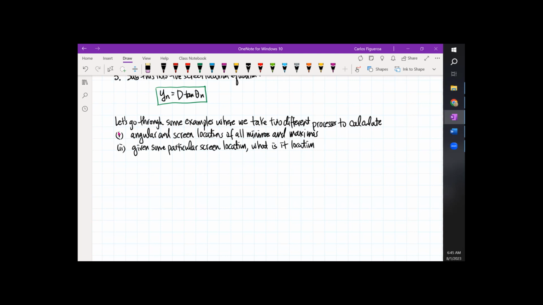A lot of the times when we say location, we really mean its n value. What is its n value in the diffraction pattern? And then from that, we're going to ask, is it a minimum, a minima, a maxima, or a partial maxima?